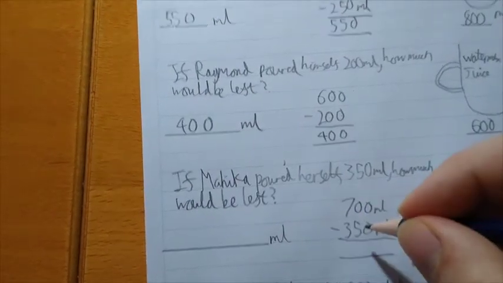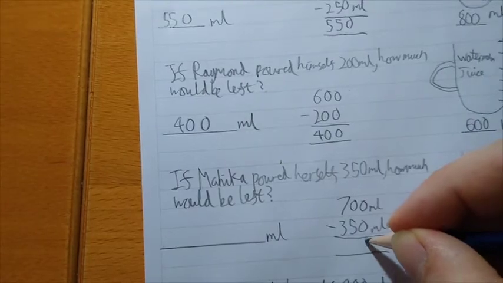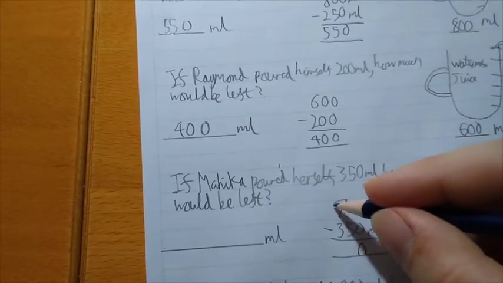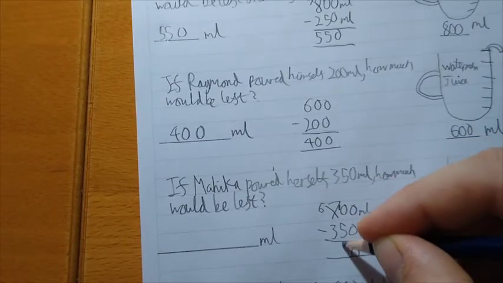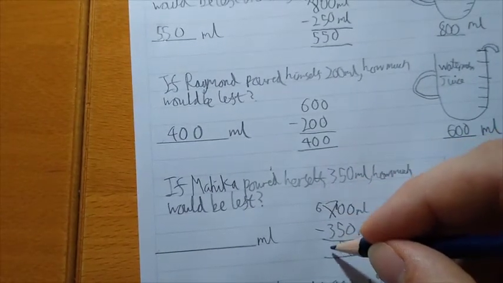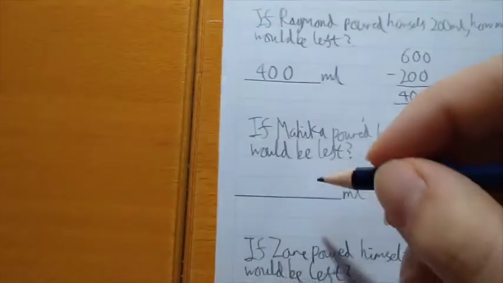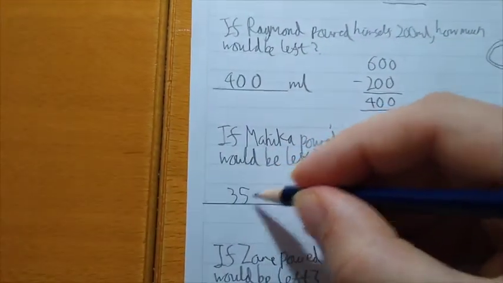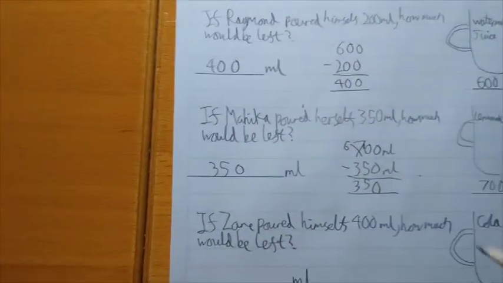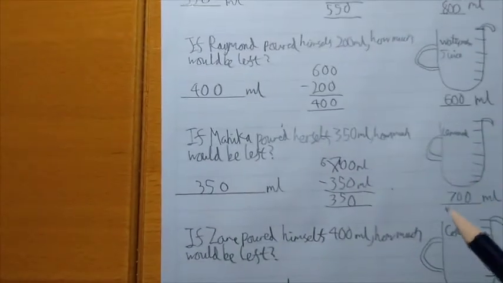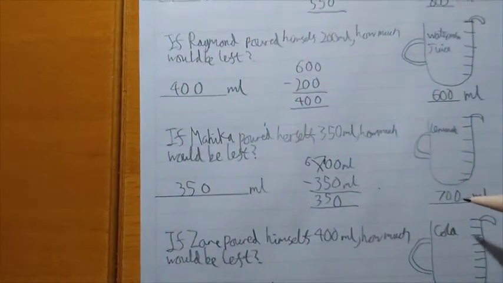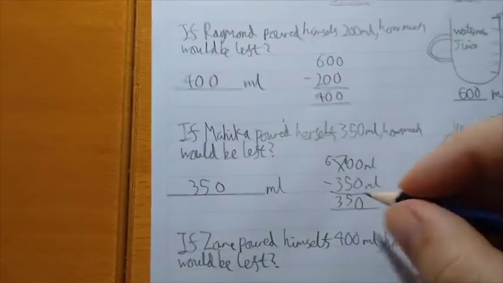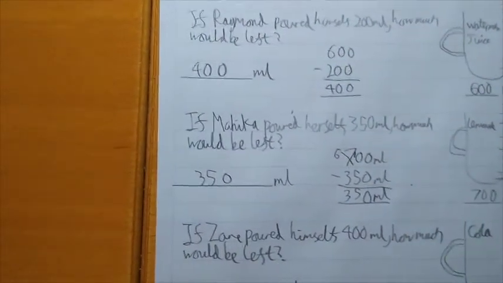So 0 minus 0 equals 0. 0 minus 5, can't do that, so take 1. 10 minus 5 is 5. 6 minus 3 is 3. So there'll be 350 millilitres. So Mahika has actually drunk half the jug. 350 millilitres is half of 700 millilitres.